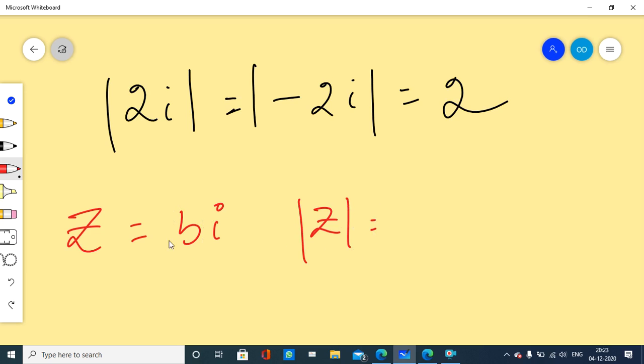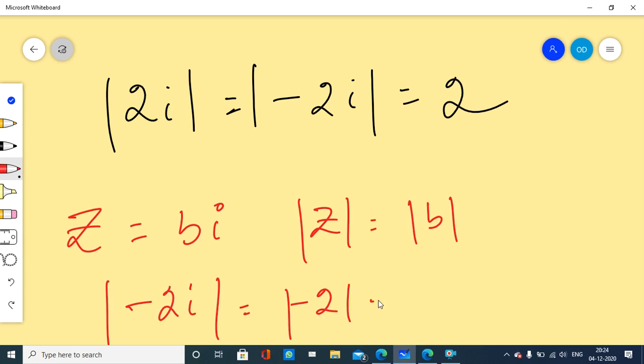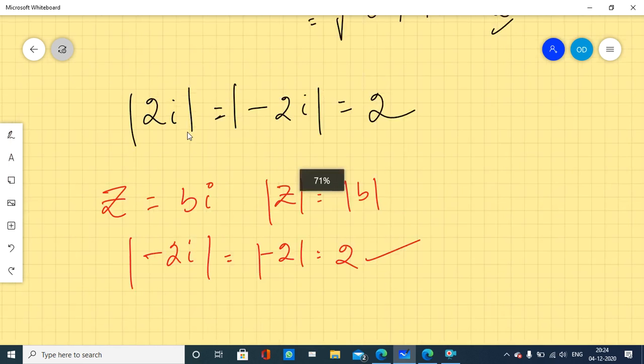You simply take the mod of the imaginary part, just like it is a real number. What is the imaginary part here? B. Just take its mod, just like you take mod of real numbers. Remember? Just like if I ask you to find the modulus of minus 2i, what is the imaginary part? Minus 2, right? So simply take the mod of minus 2. You get it?